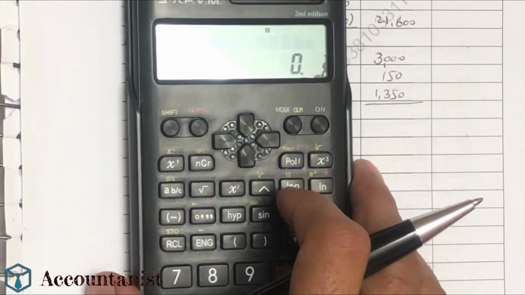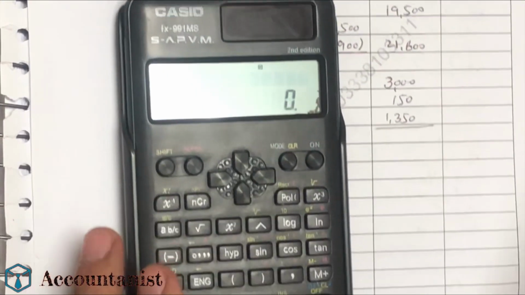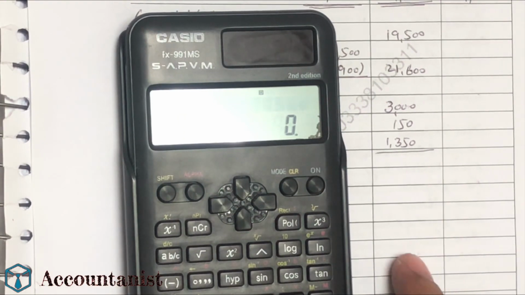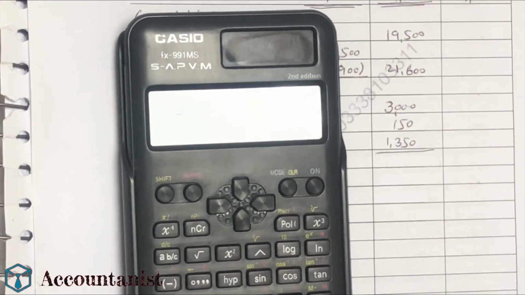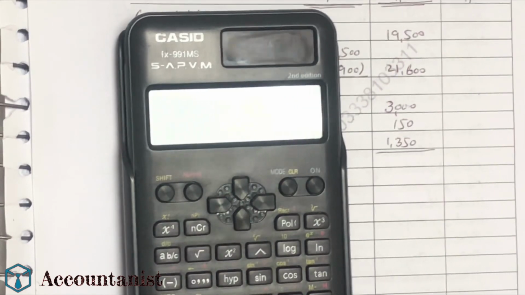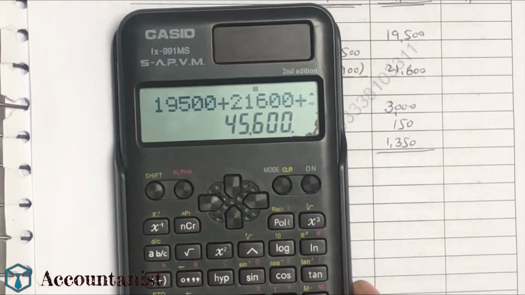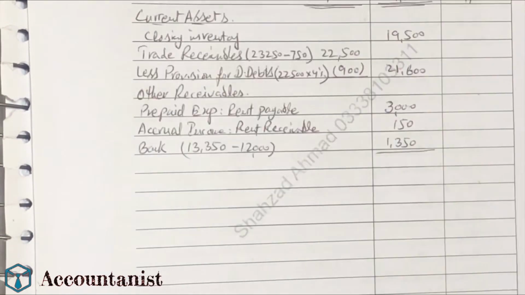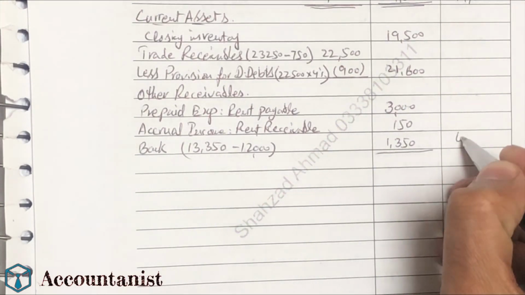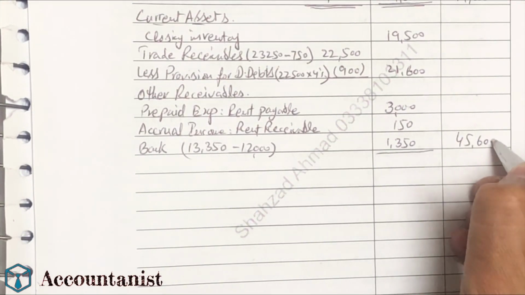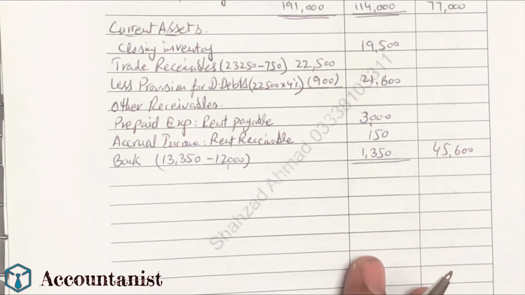The first figure is 19,500, then 21,600, then 3,000, then 150, then 1,350. The total of this is 45,600. So we'll write it down here, 45,600. This represents our current asset total.